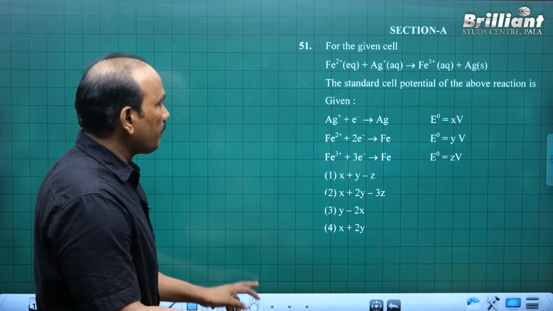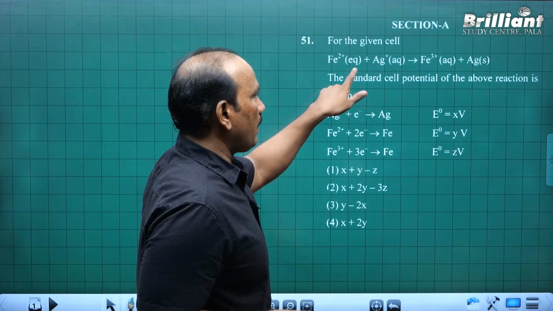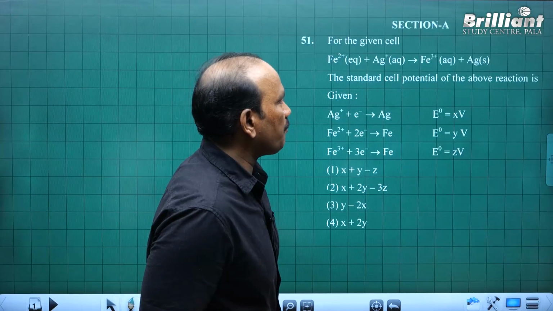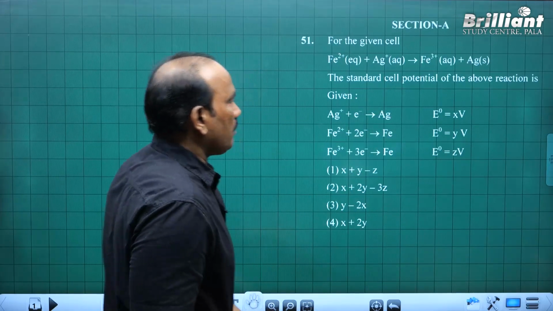First one, for the given cell Fe2+ aqueous, Ag+ aqueous gives rise to Fe3+ and Ag. The standard cell potential value of the reaction.